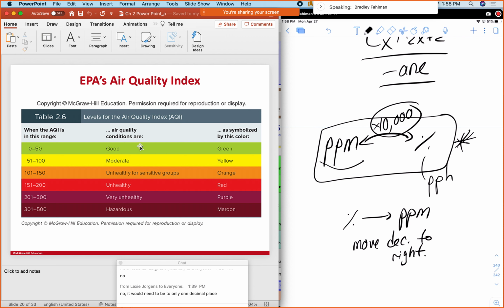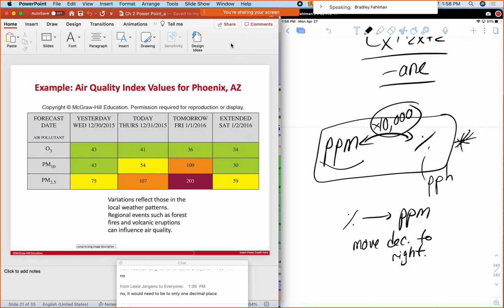Green is go, which means really good air quality. Again, I might give you a map of one part of the country and then ask where the air quality is the worst or something like that. So you're just looking at the colors.